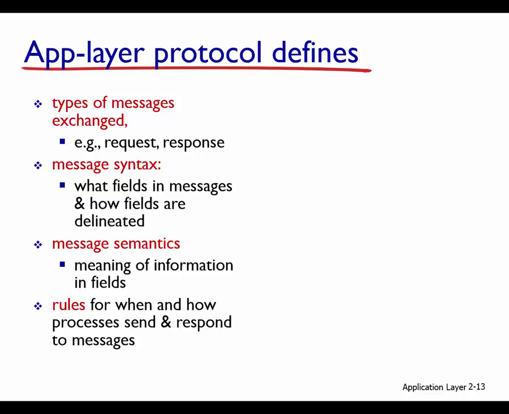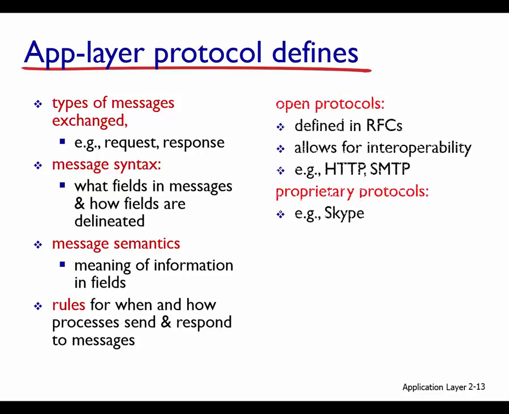The syntax is the type of messages that are being sent, and the semantics is what the information in those message fields means. And then finally, an application layer protocol has to define when and how to process both send and response messages. So those are the basic functions of an application layer protocol.